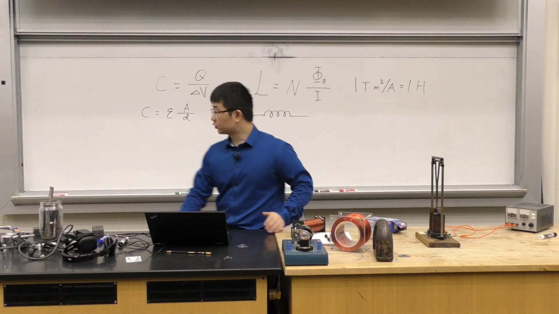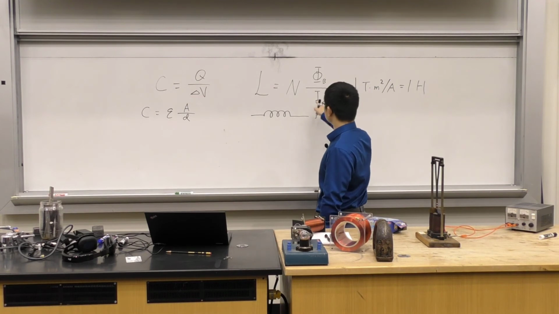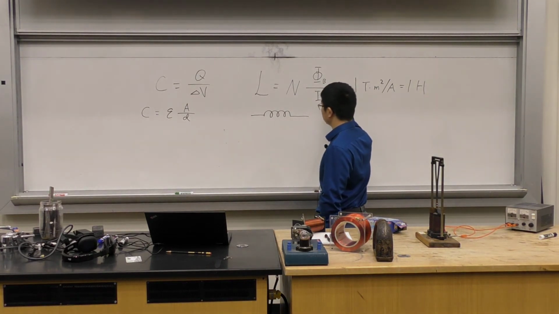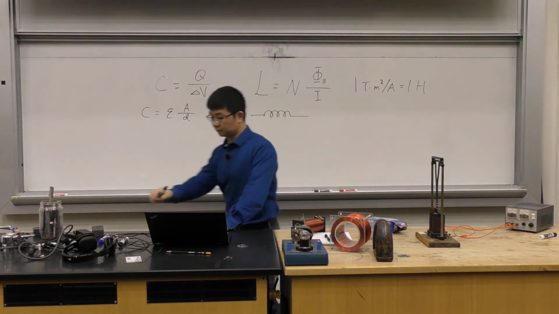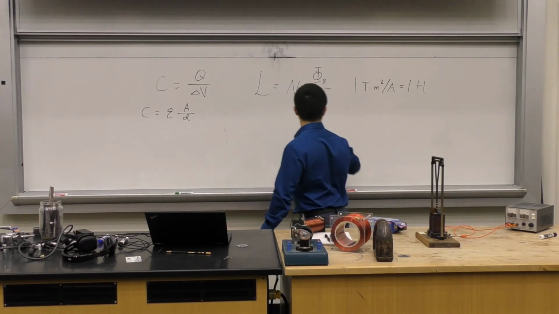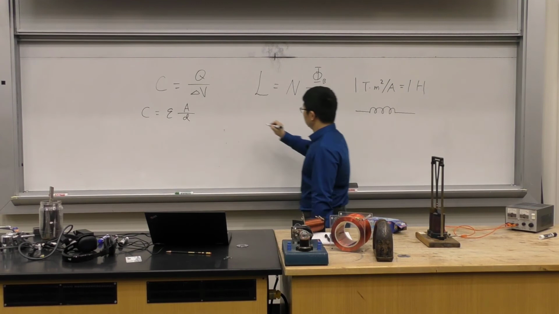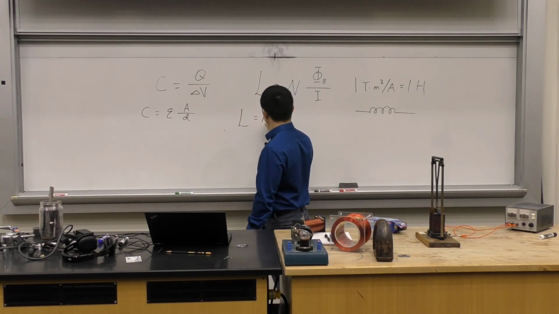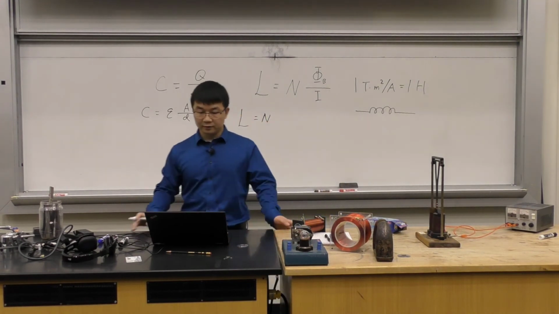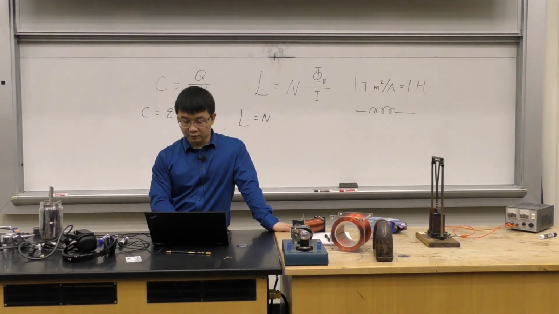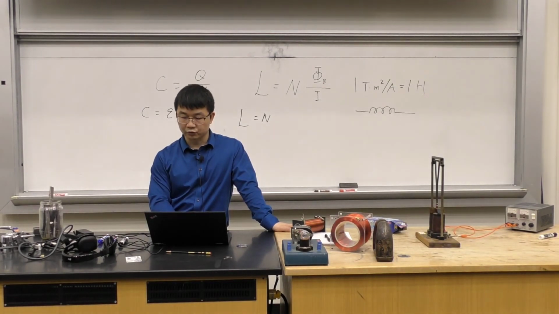Now we want to derive a special equation for the solenoid using this general definition. Take a look at the magnetic field inside the solenoid. It's all very uniform, and it's perpendicular to each loop.